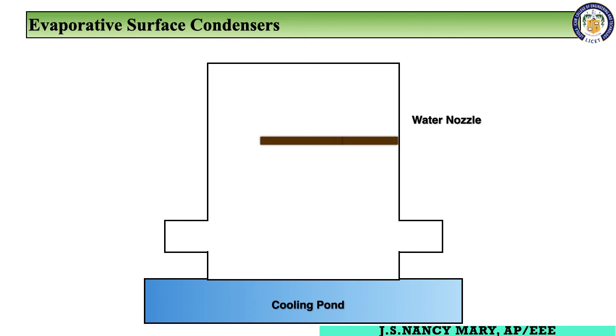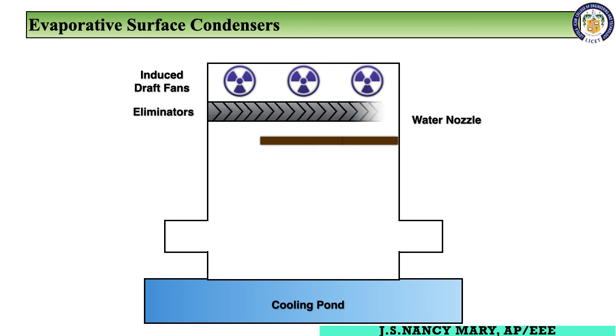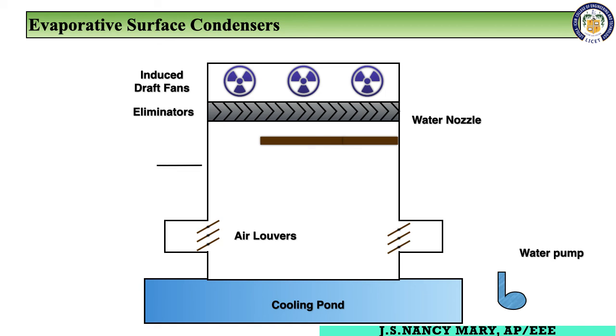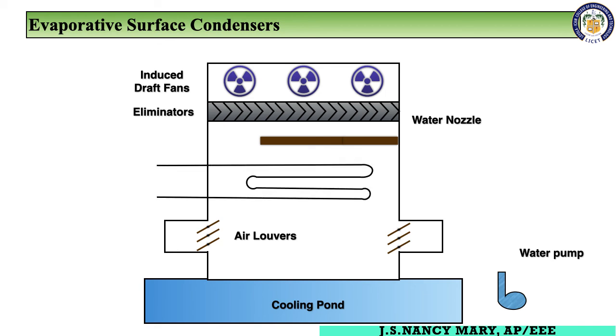Okay. The evaporator condenser, we have a cooling point. We have induced draft fans at the top, and we have a water nozzle like this, and then you have the exhaust steam coming out from the turbine and it is given to the condenser like this.